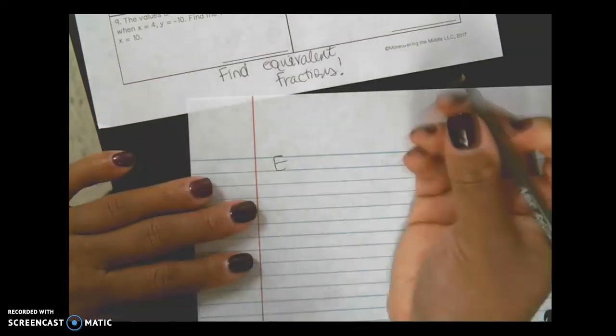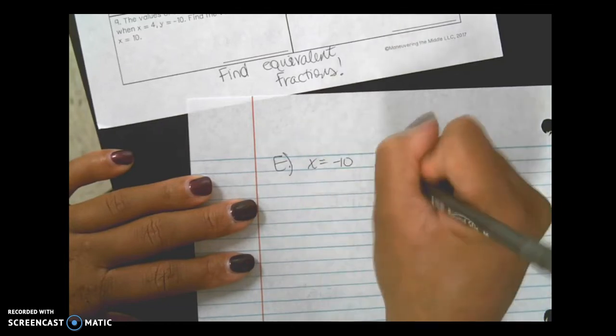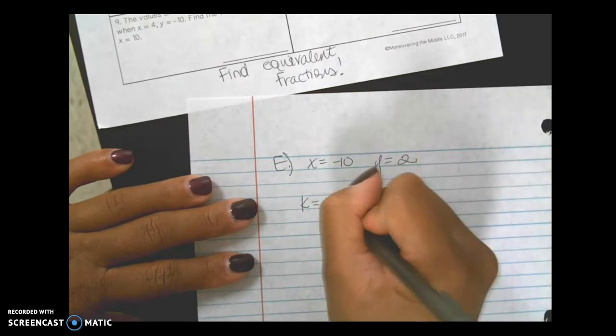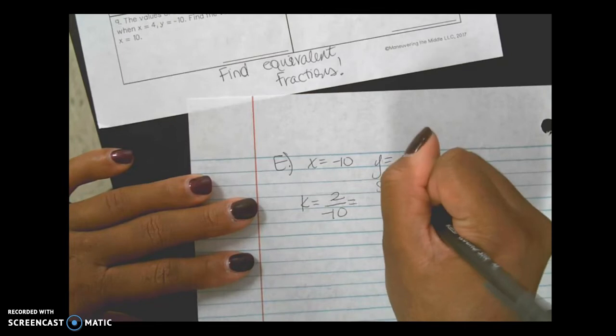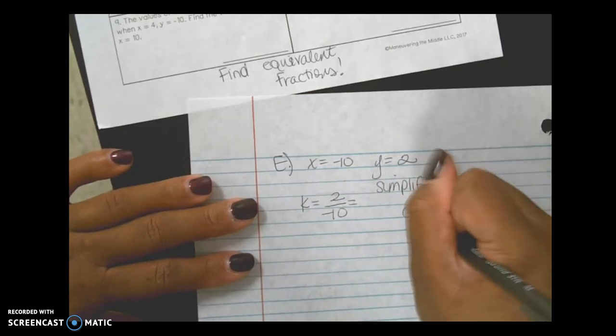Letter E. X equals -10, y equals 2. K equals 2 over -10. You need to simplify and convert to a decimal.